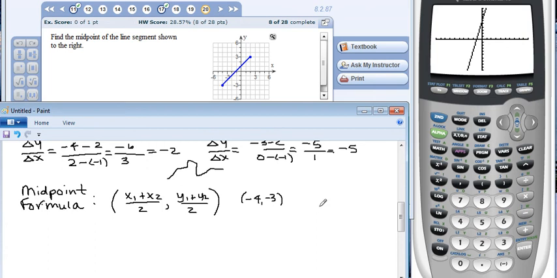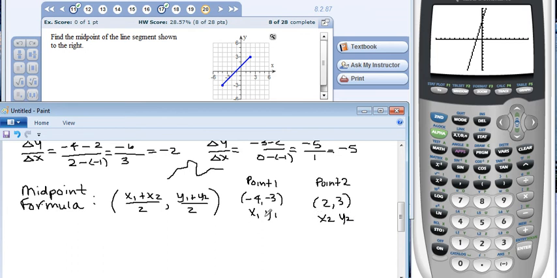I'm going to randomly call this point number 1 and this point 2. I could have done it the other way too, it doesn't matter. In that case, this is x1, y1. These are subscripts. That means it's the x-y combination in regards to point 1, and then this will be x2, y2.